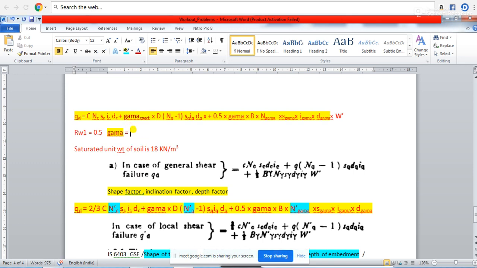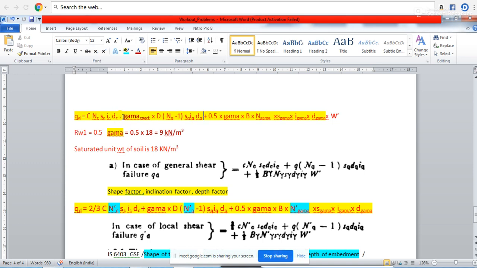Your gamma value will be 0.5 multiplied by 18, which is nothing but 9, right? So 9 kilonewton per meter cube, this value you will get if you go with the RW1 factor.